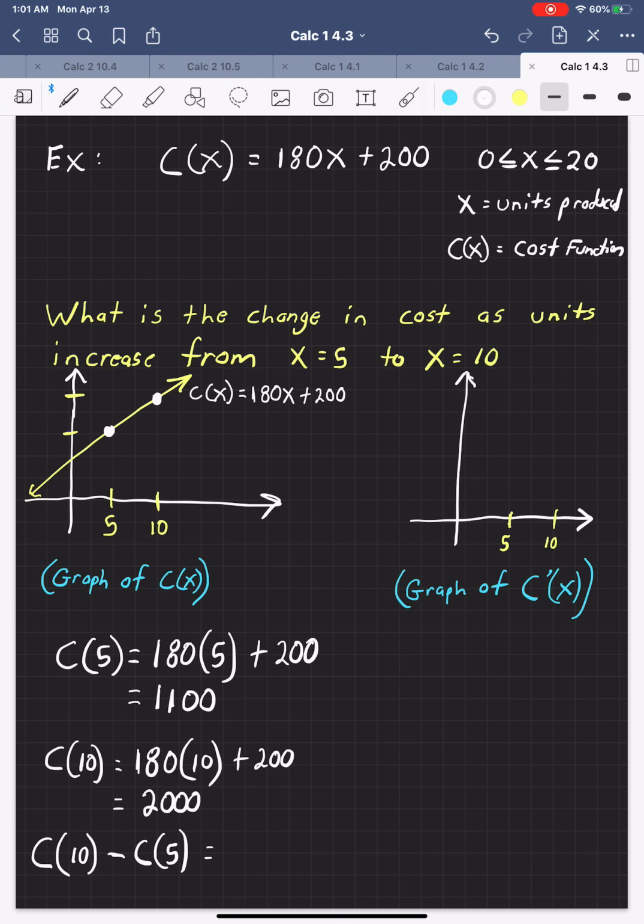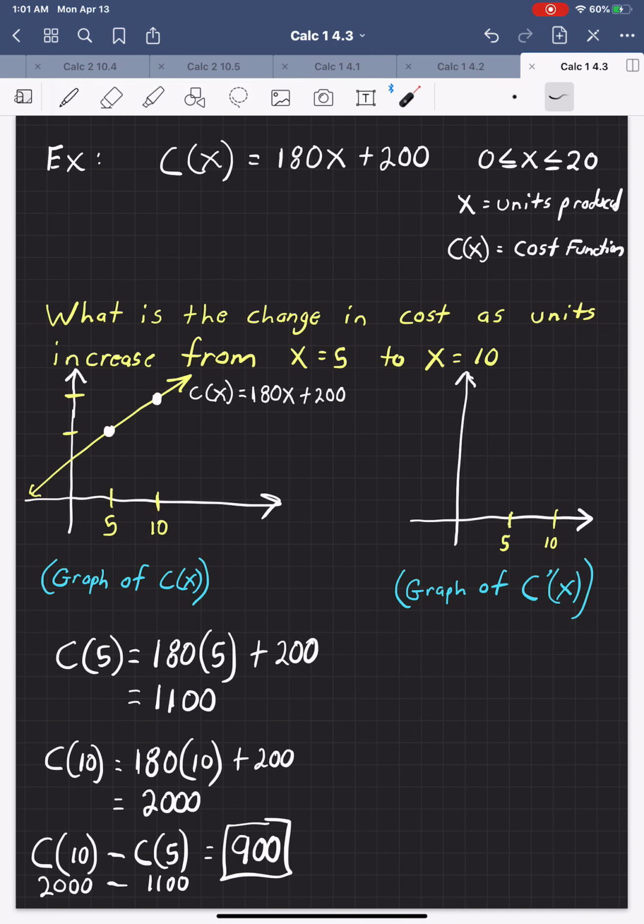Right? In other words, 2,000 minus 1,100. So that gives me $900. That's the change in cost. Okay, so boring, because that doesn't appear to be at the level of mathematics that you are at.